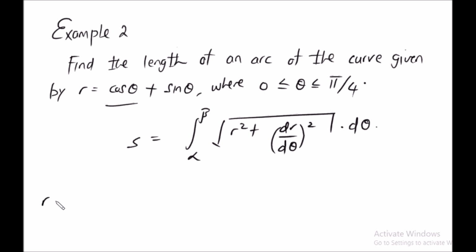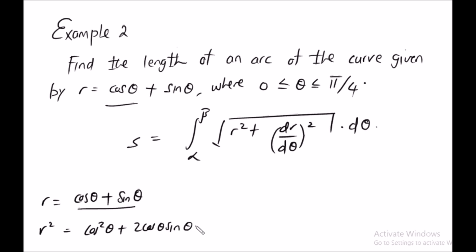So my r now is cos theta plus sin theta. So r squared now maana ni square huyu itakuwa ni sawa na cos squared theta plus 2 cos theta sin theta plus sin squared theta, ambayo ni sawa na nini? Sawa na 1 plus 2 cos theta sin theta, kwa sababu sin squared theta plus cos squared theta ni 1.